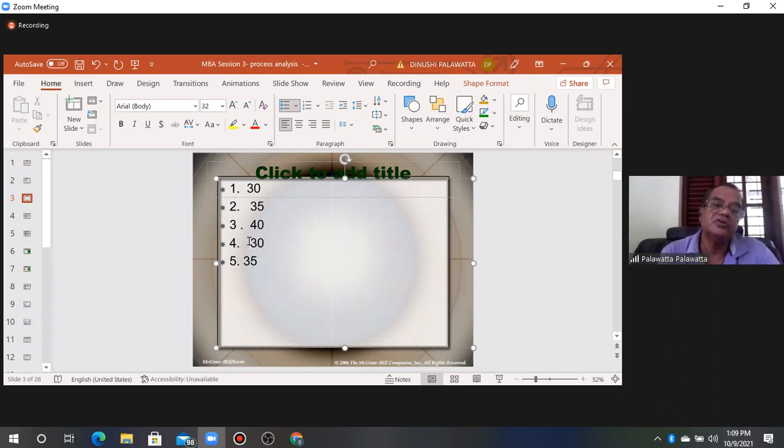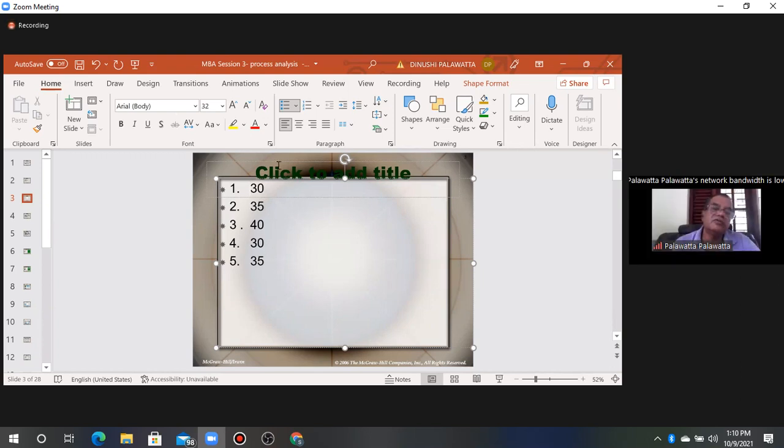If you produce the same item, it took 30, 35, 40, 30, 35 seconds. So then the average: the first one took 30 seconds, second one took 35 seconds, third one took 40 seconds, fourth one took 30 seconds, fifth one 35 seconds.